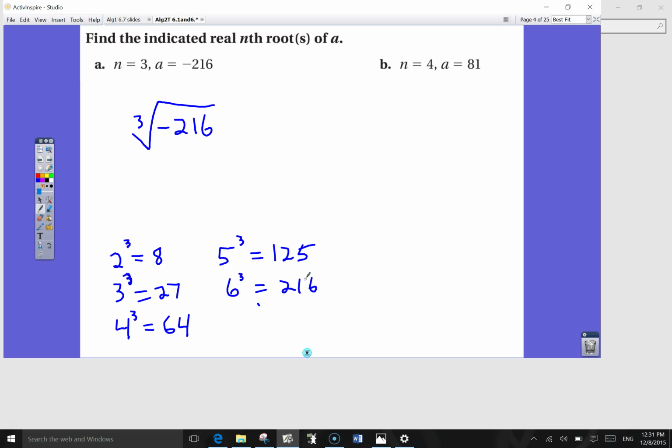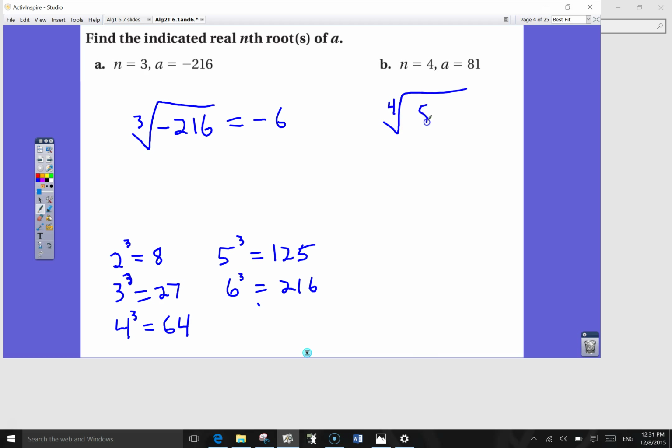It pays to know these numbers. So when I see this cube root of negative 216, the number's familiar. The only thing that's a little different about it is because it's a negative, that means my answer will be negative.